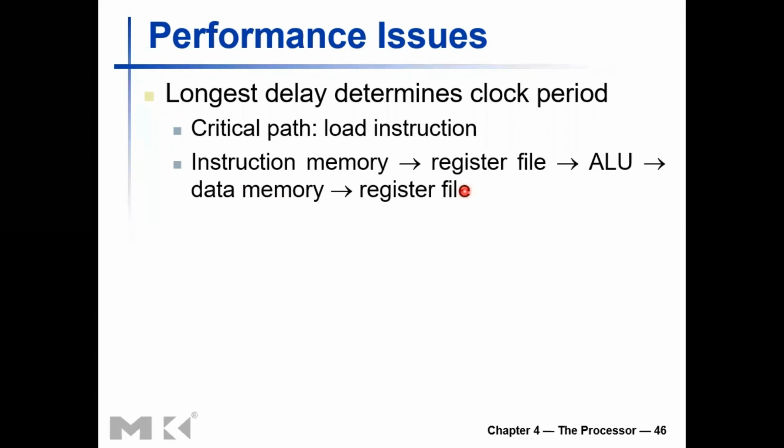Compared to all the other instructions, the load word instruction uses the most resources and takes the most time. So the delay or the latency of the load word instruction determines the clock period of our single cycle CPU.